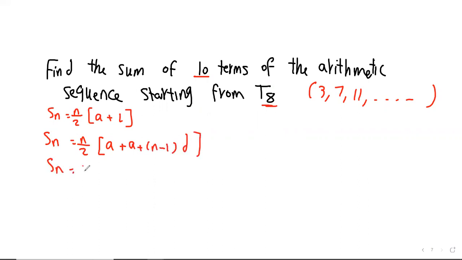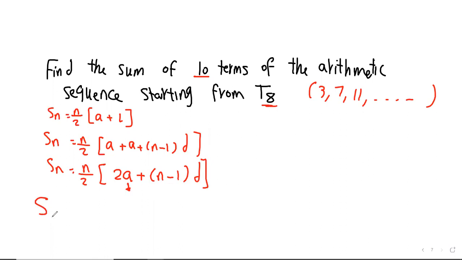So Sn equals n over 2 multiplied by 2a plus n minus 1 multiplied by d. And here we will use the second rule, because we want to find the sum of the 10 terms starting from T8. So here, the first term is T8.